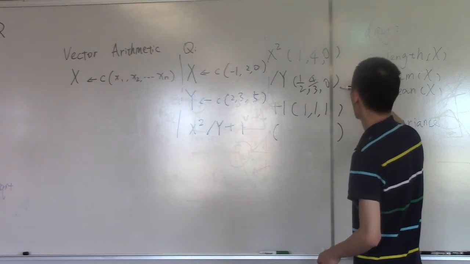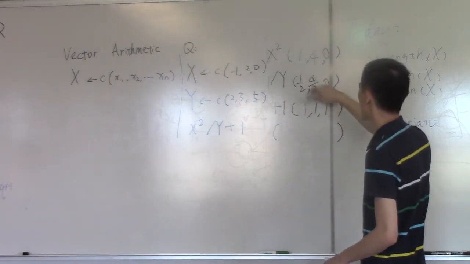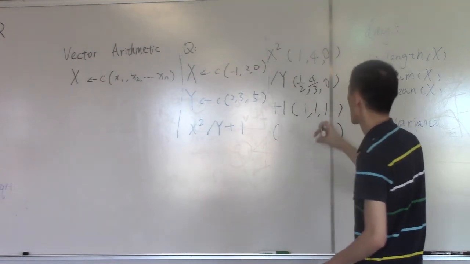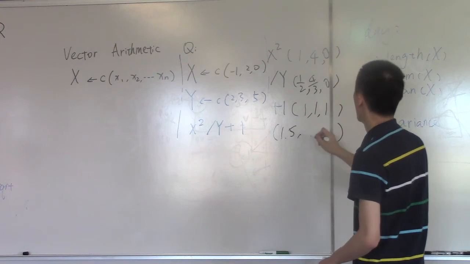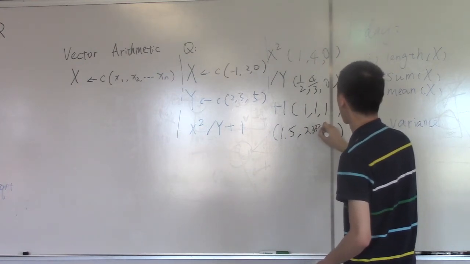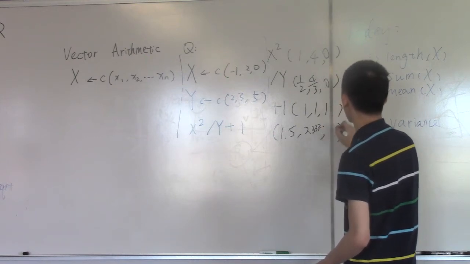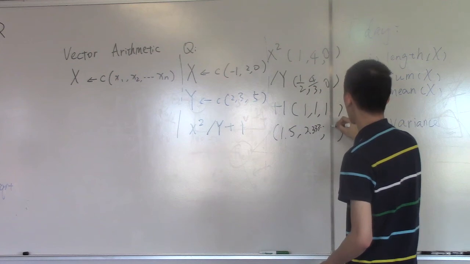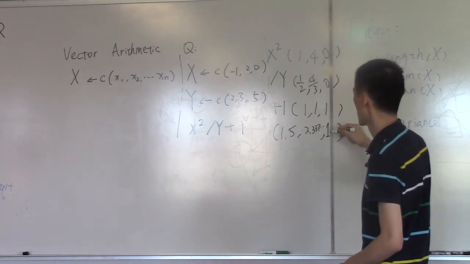So the final step is to add the vector 1. So it will give you 1.5 here, and it will give you 2.333, I guess. And it will give you 1 at the third component.